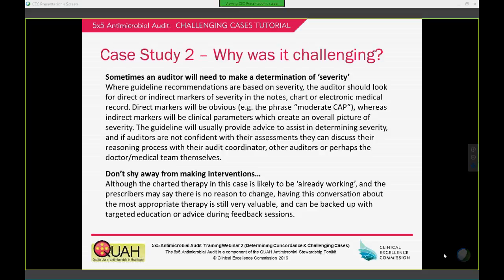So, for example, if that previous entry where they recognise previous derangement of the LFTs from flu-pox was written by the same prescriber, that's probably a good enough reasoning in your head to go, I believe that they were aware of that and that is what has led them to make the decision that they've made. But it is a difficult scenario, and it's really hard for us to construct exact rules around that, so it's probably more of a judgment call. No worries. Thank you.